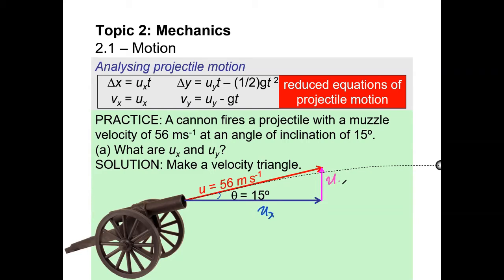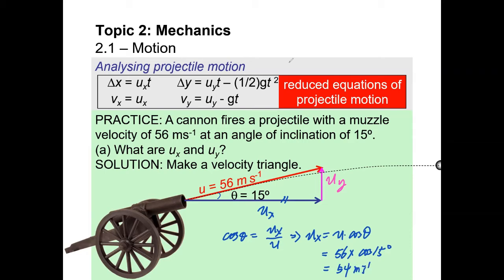X component is adjacent, so that is cosine theta equals Ux over U. That gives us Ux equals U times cosine theta. Ux is 56 times cosine 15 degrees. So that gives us 54 meters per second.